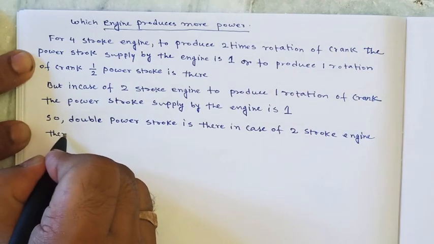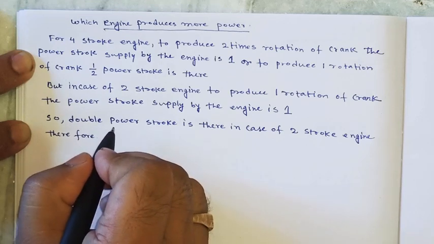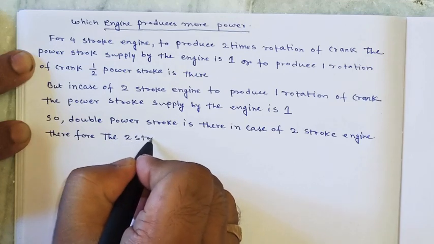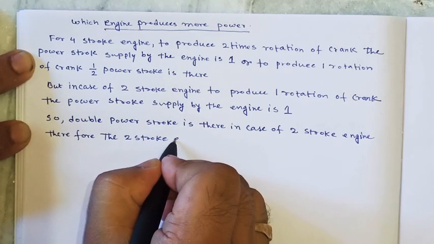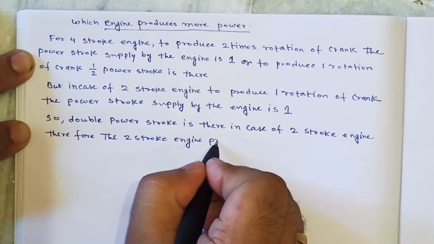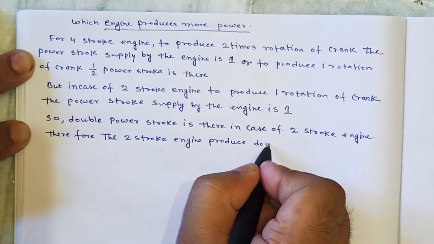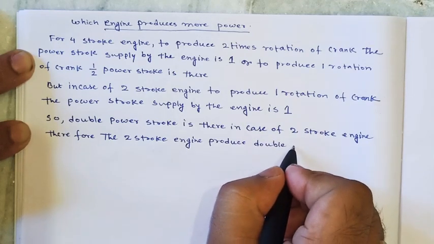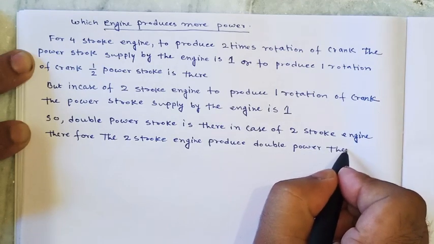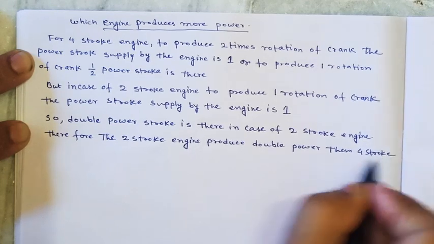Therefore, the two-stroke engine produces double power than the four-stroke engine.